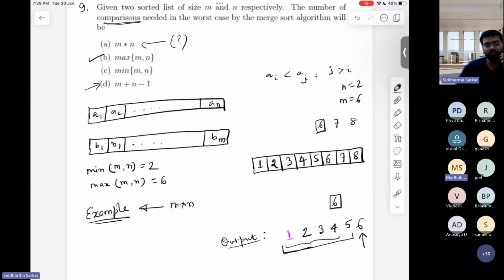In each comparison, we're neglecting one number. So obviously one number will be moved to the sorted array. So in this case we don't need m cross n comparisons in any of the cases. Thank you.